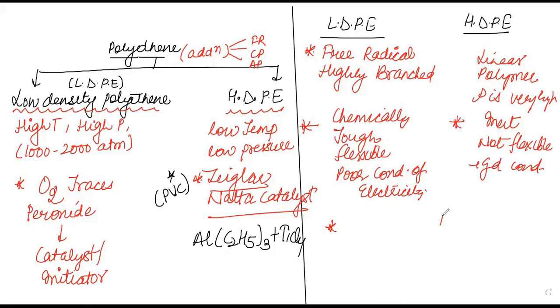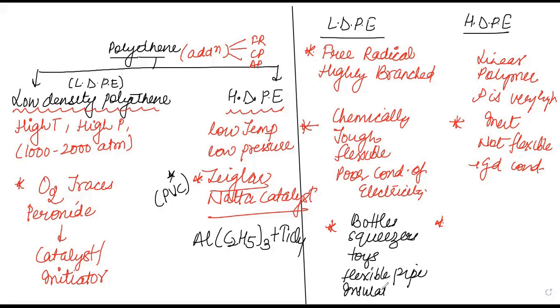Third point, last one, it is useful for, many times this question came in paper: bottles, you can say squeezers, toys, pipes, and the insulation of wires, all are done with the help of LDPE.